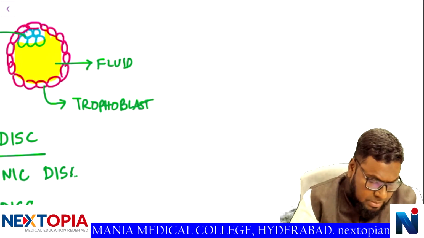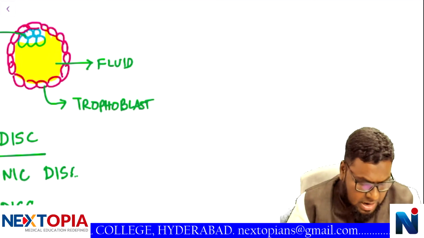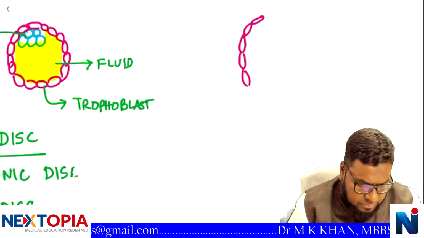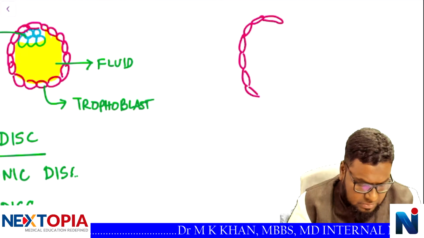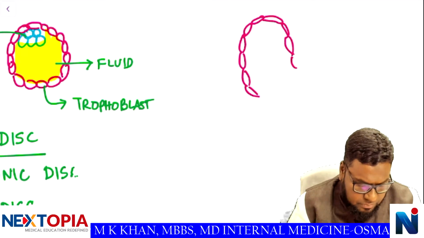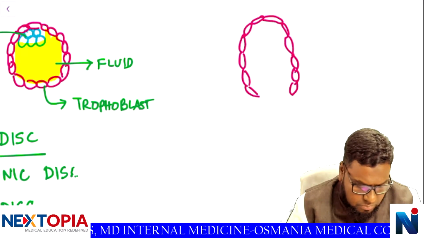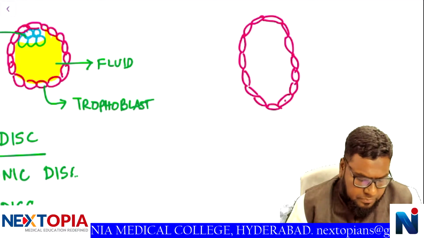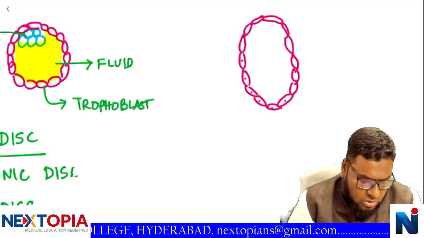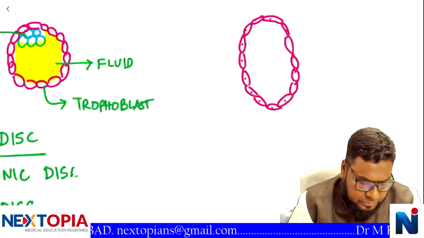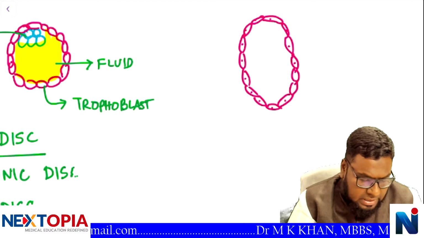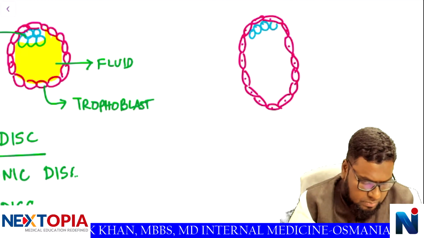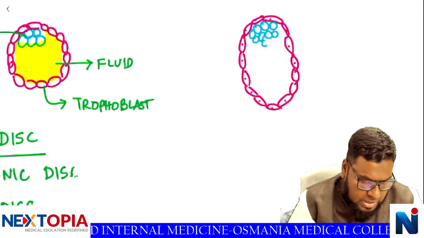All right. Based on this diagram, let us try to understand. I told you that there is a layer of outermost trophoblasts. I'll just enlarge this. This is the trophoblast cell layer, and we have got the inner cell mass, eccentrically placed.